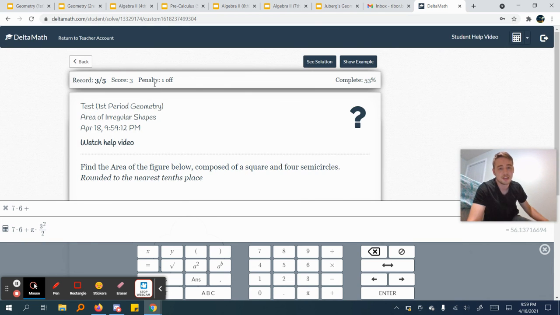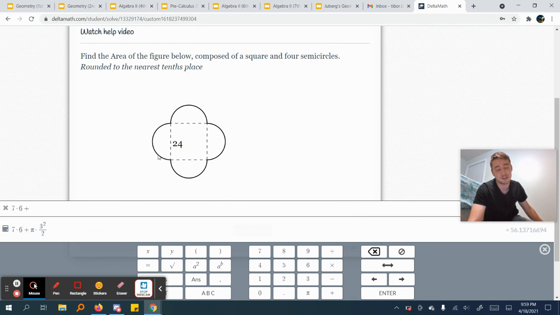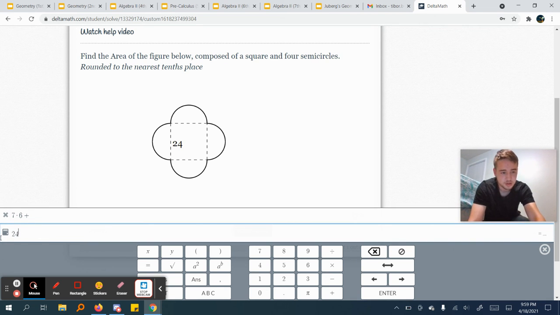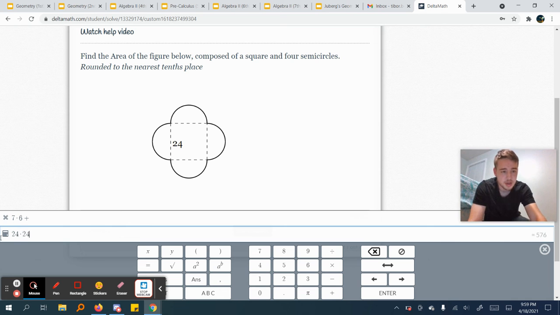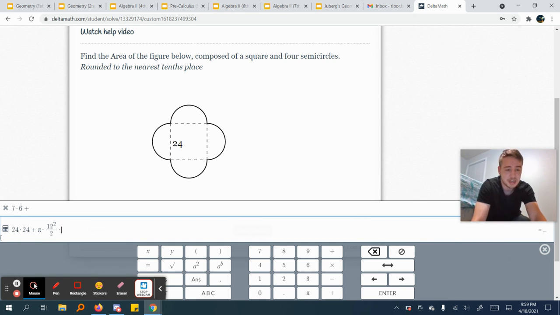But basically, you're going to be given, okay, so this is a square with 4 semicircles. So 24 times 24 plus half of 24 is 12, pi times 12 squared. It's only half of that because it's a semicircle, but times 4 because there's 4 semicircles.